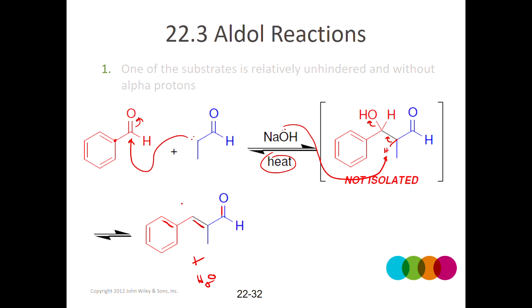And so that's the product that I would predict after these two react. But the key thing is I'm getting like one major product. So this is a practical reaction that I can do specifically because only one of my reactants can actually form an enolate.